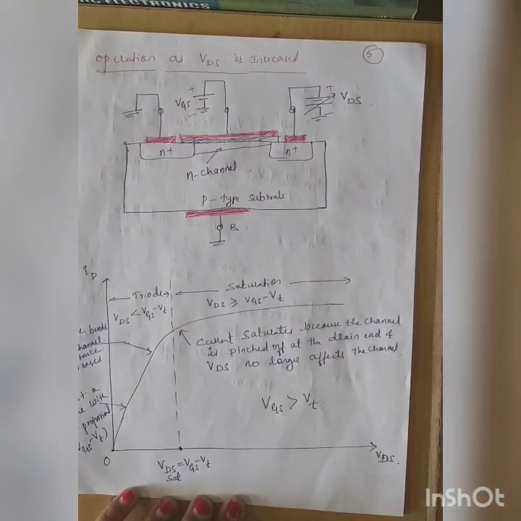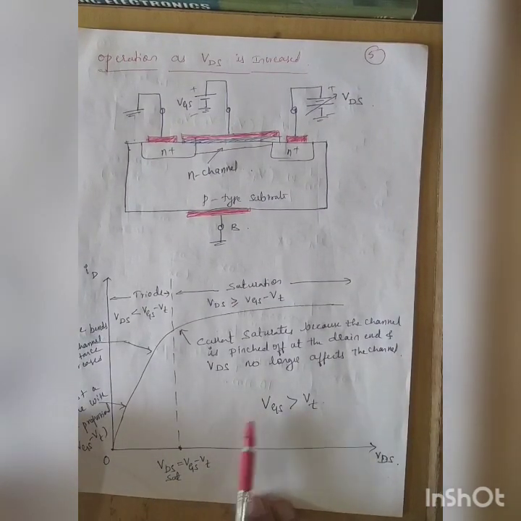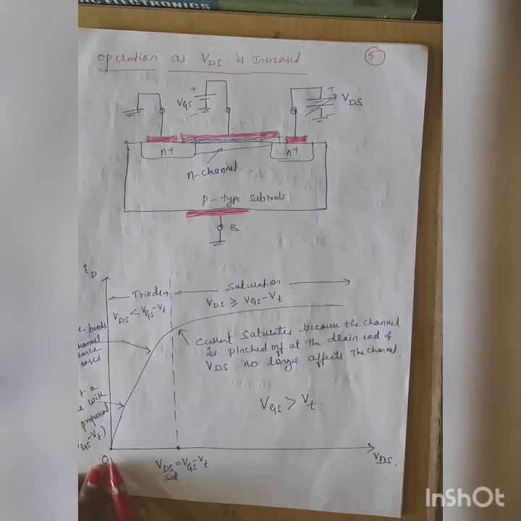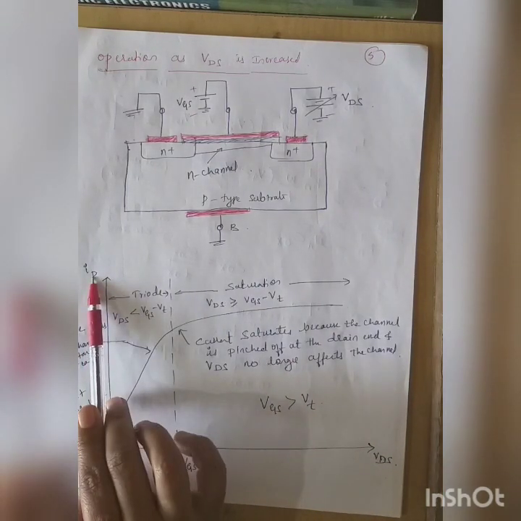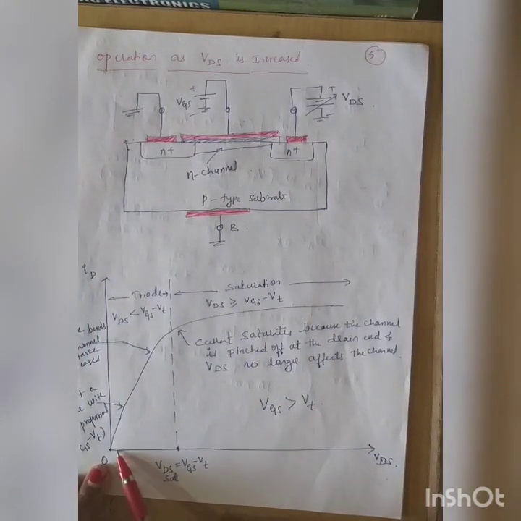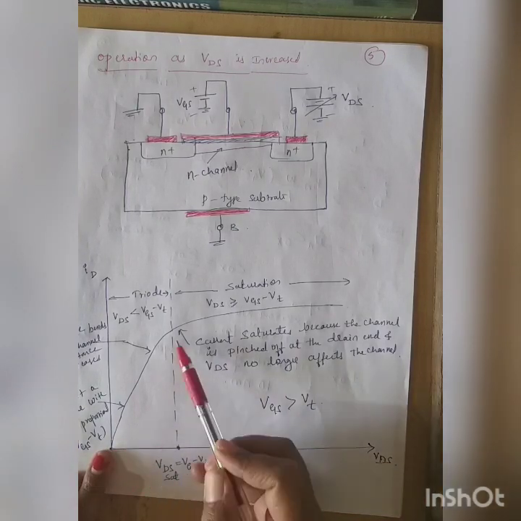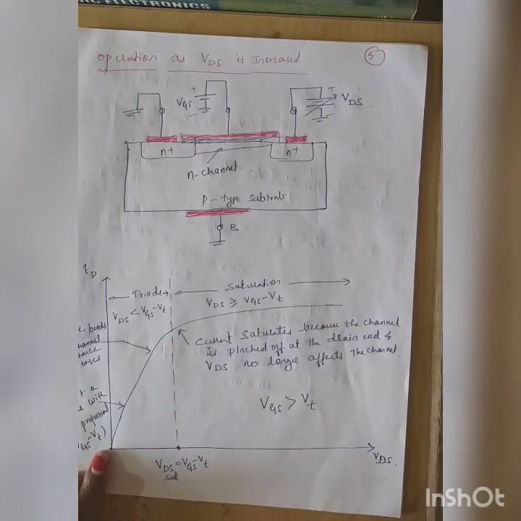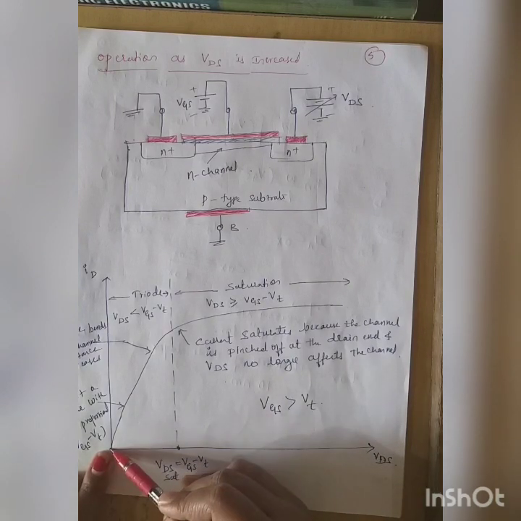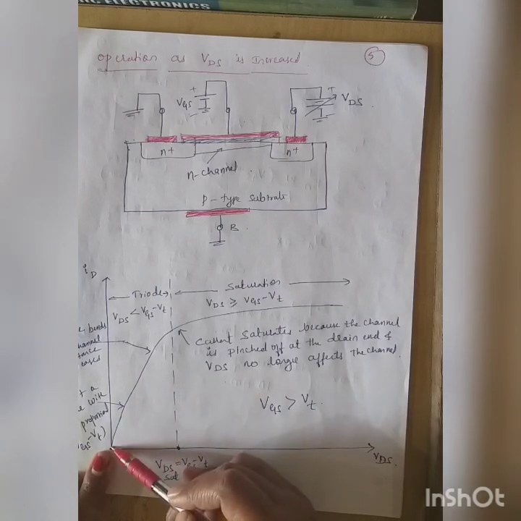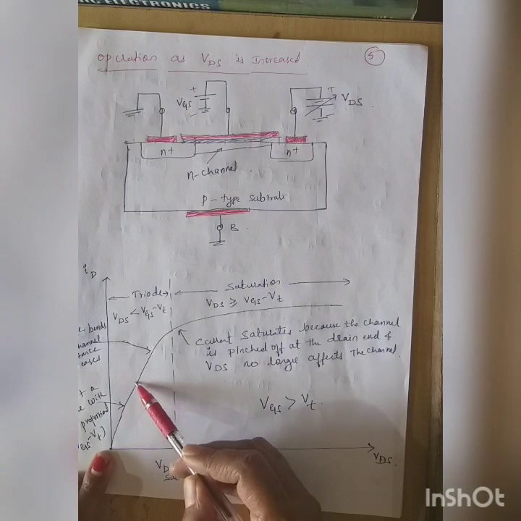So what is happening? Just refer to this graph here. We have VDS on the x-axis and ID on the y-axis. We go on increasing VDS. Our VGS is fixed at more than VT. So as VDS increases, the current ID goes on increasing.